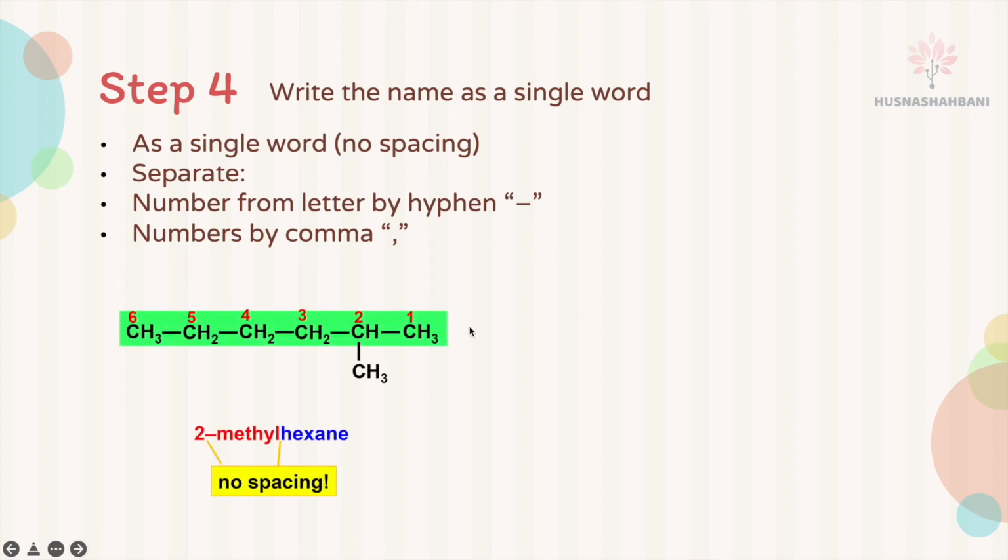For example, here hexane is the parent name and then a methyl branch at carbon number 2. So number and letter are separated using a hyphen. Letter and letter, no spacing at all. Make sure there is no spacing in naming.